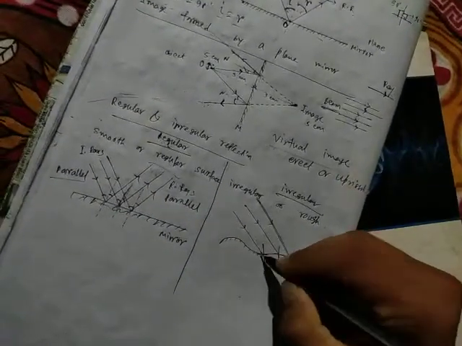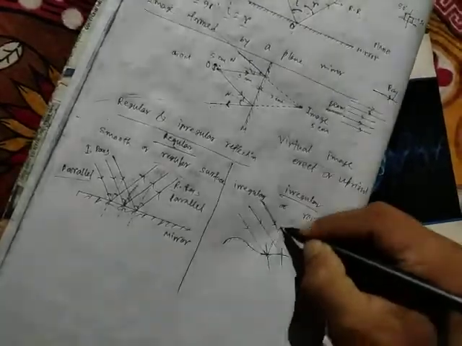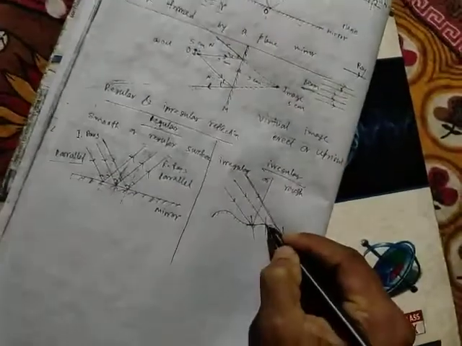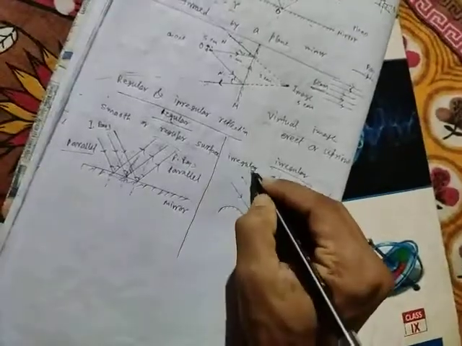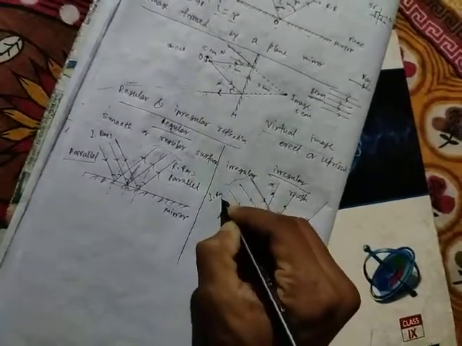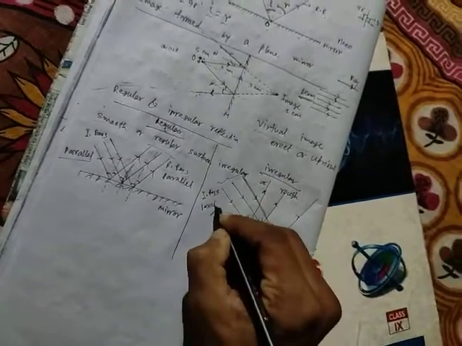Clear? And after reflection, the angle of incidence must be equal to angle of reflection. So this will be in this way, and this must be, and this must be. So see what happens here. These are the incident rays, and they are parallel. But see, these are the reflected rays.